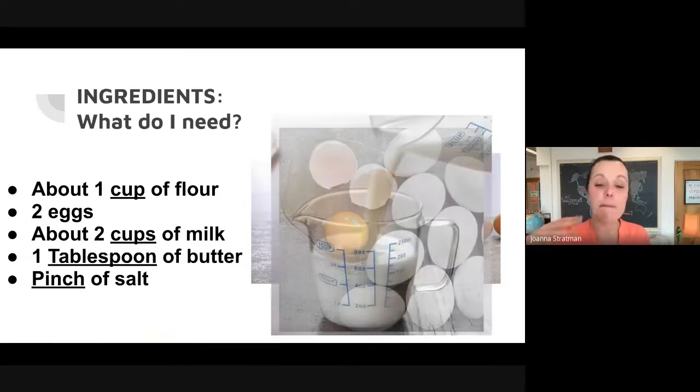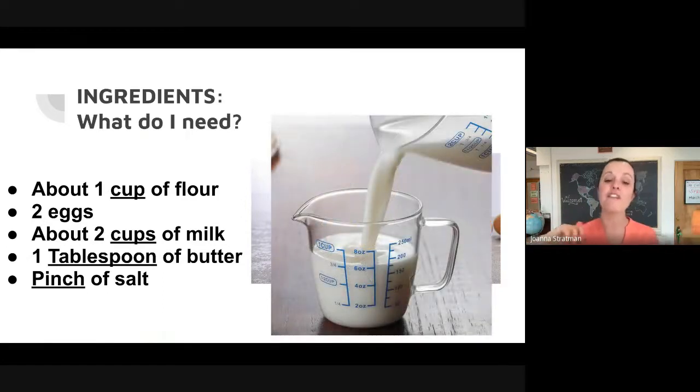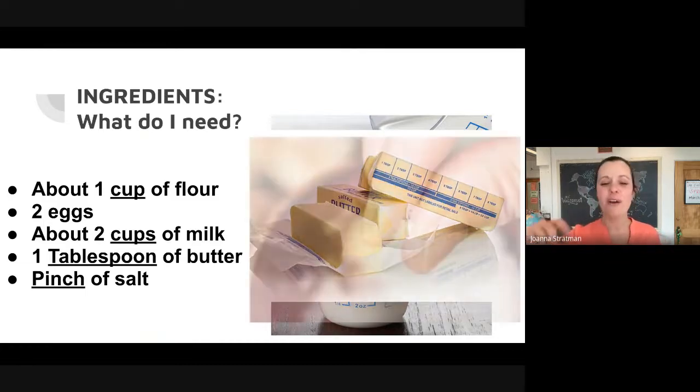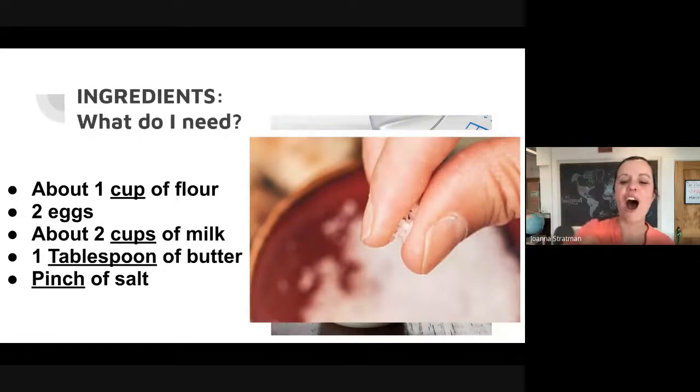Then I need about 2 cups of milk. This is milk. Then I need about 1 tablespoon of butter. Usually on the butter, you can see where you need to cut for 1 tablespoon. And then finally, 1 pinch of salt, just a little bit of salt.